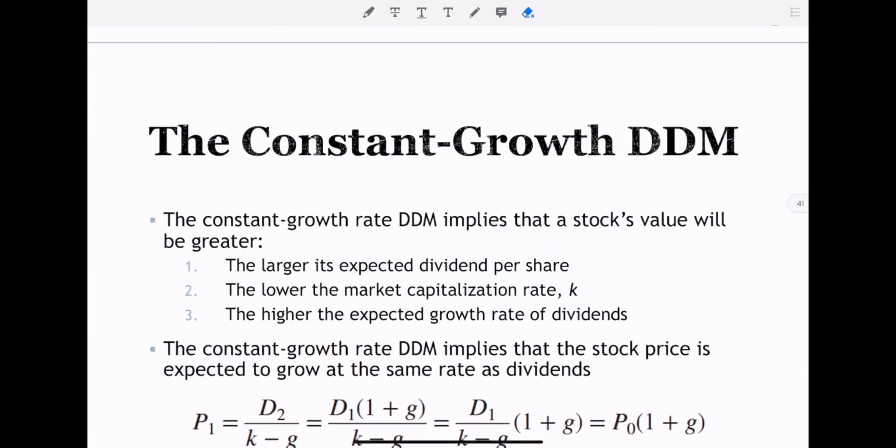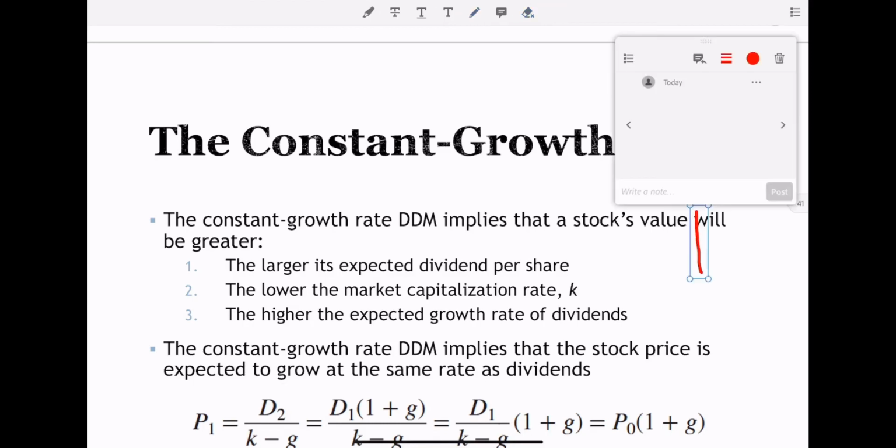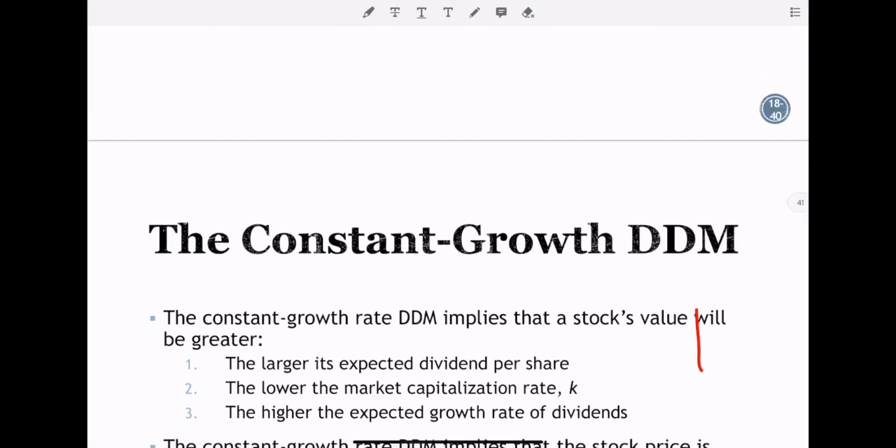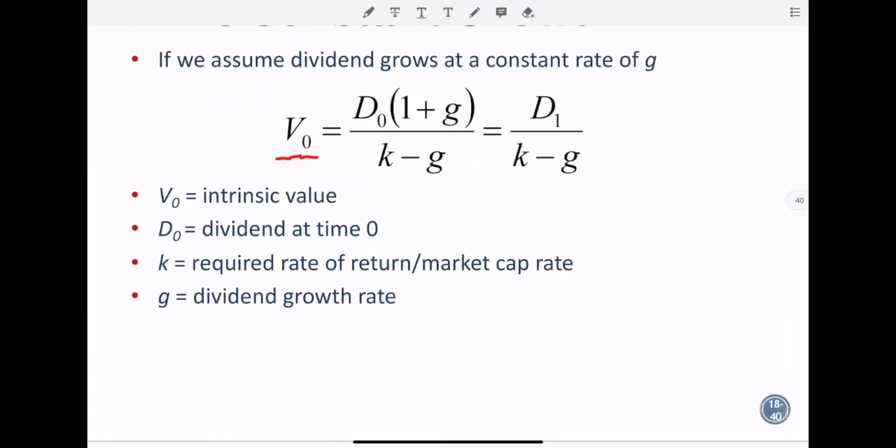Okay, let's see what kind of initial results we can get from the constant growth dividend discount model. So let's think about this. Let's say if K increases, should V0 increase or decrease?